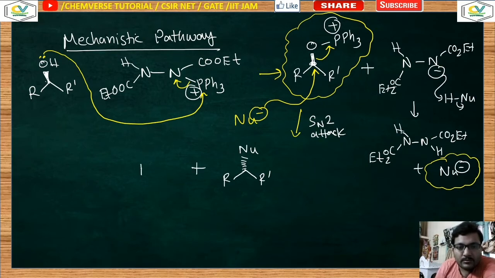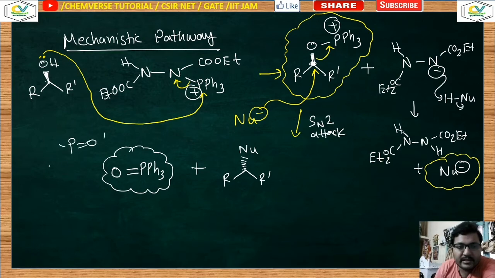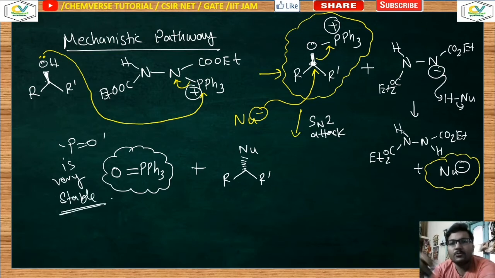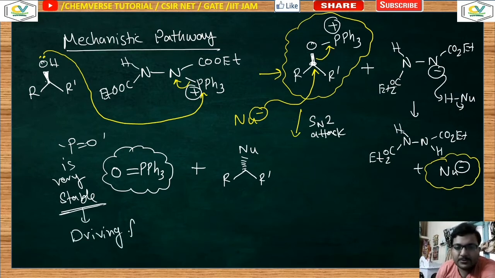Now this PPh3=O is your byproduct, and the formation of this P=O bond is very stable. So the P=O bond is very stable, and you can think of it as one kind of driving force of the reaction.